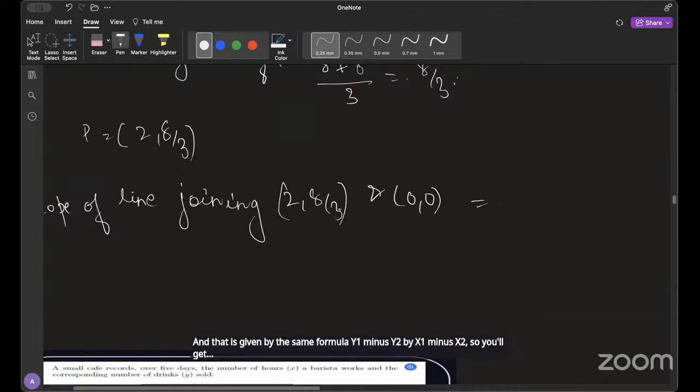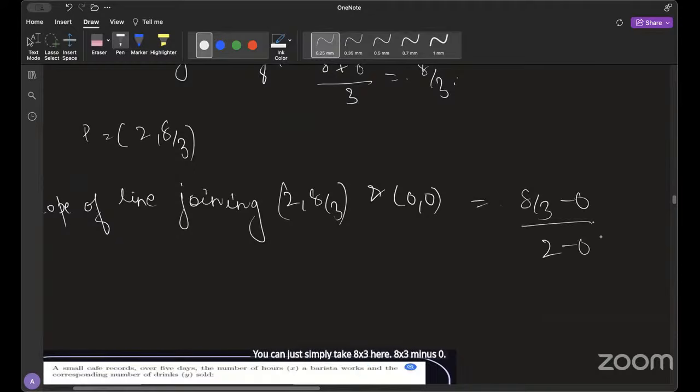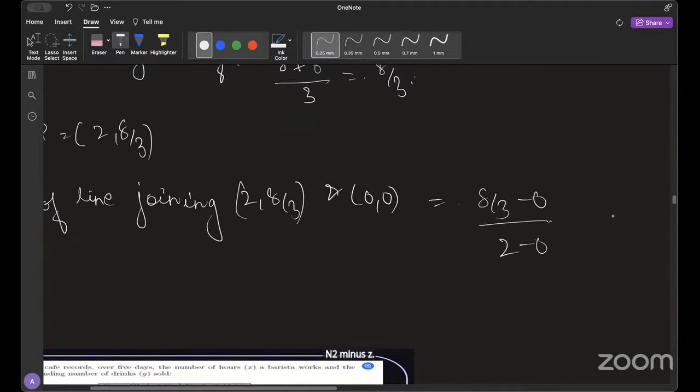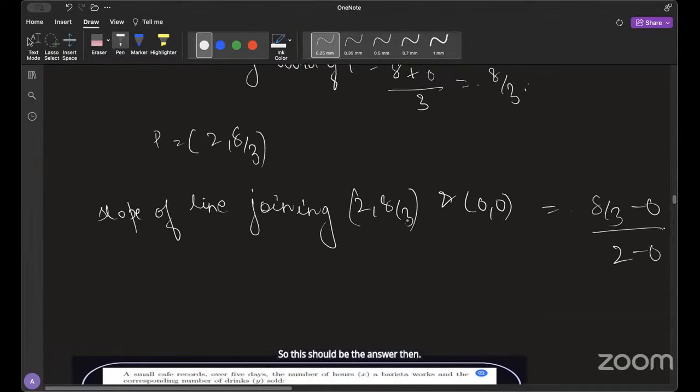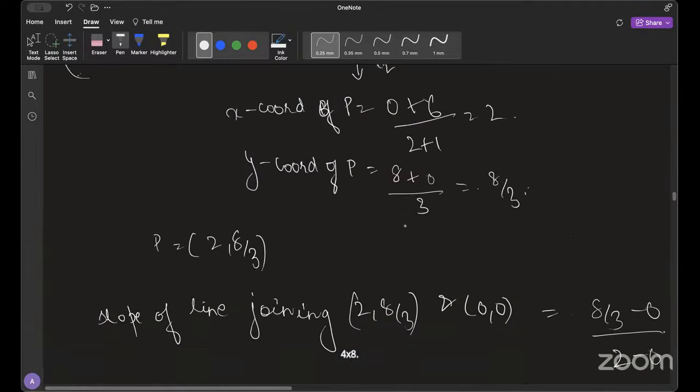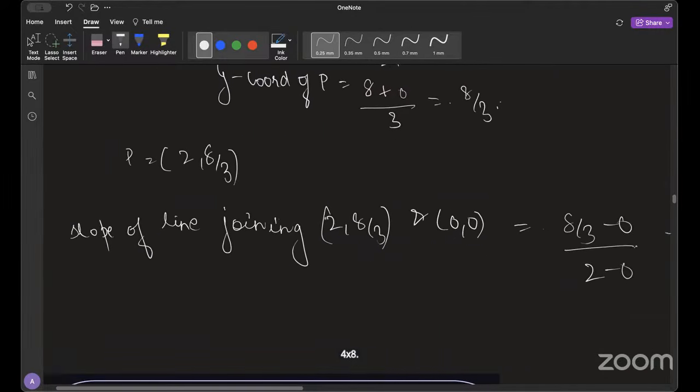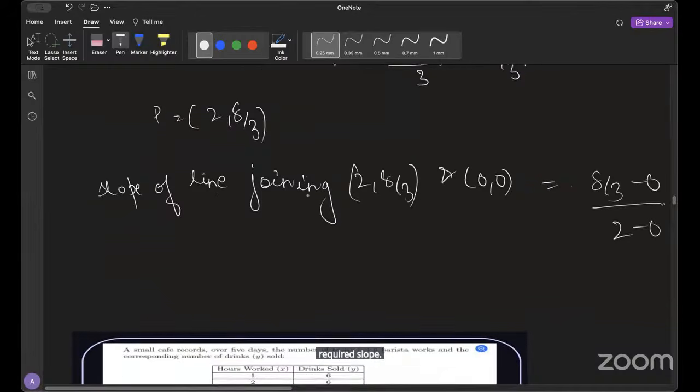So in this simply take 8 by 3 minus 0 and 2 minus 0. You're going to get 8 by 6, which is 4 by 3. So this should be the answer then. 4 by 3, the required slope.